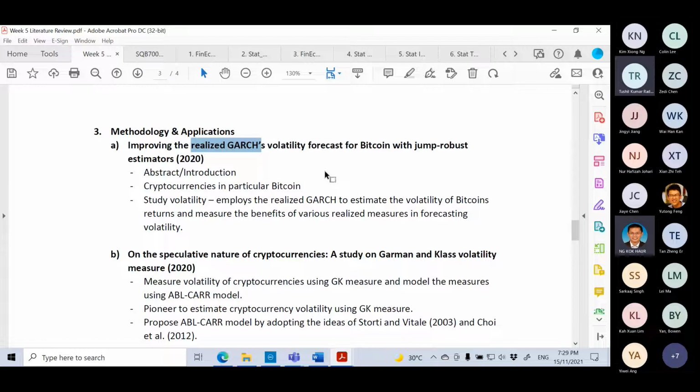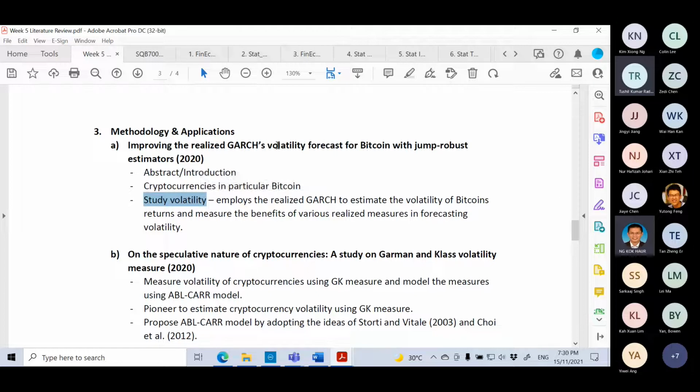Because they concentrate on Bitcoin, of course they need to discuss cryptocurrency, in particular Bitcoin. The second thing, if you are working in this area, is that people are interested in volatility. Therefore, they study the volatility of Bitcoin.